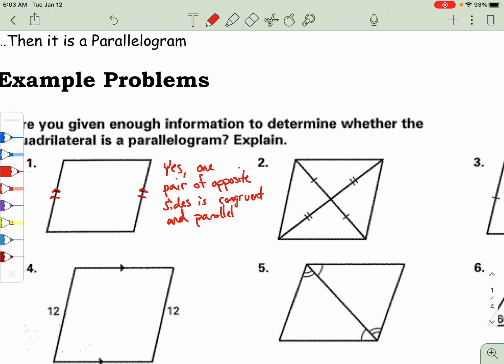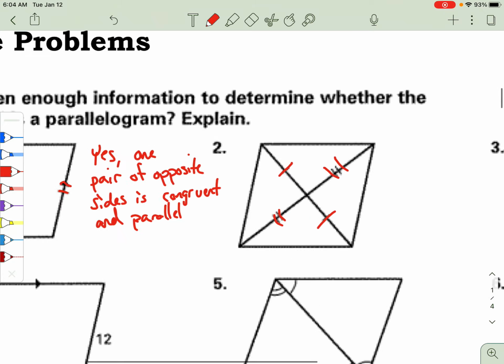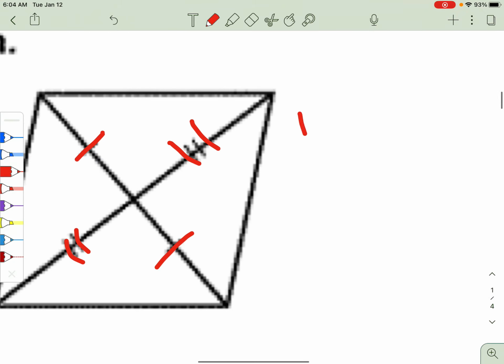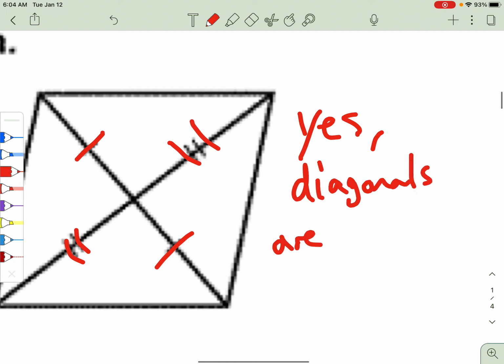Number 2, diagonals. This one's congruent to this one. This one's congruent to this one. So they're bisecting each other. So yes, this is also a parallelogram because the diagonals are bisected.